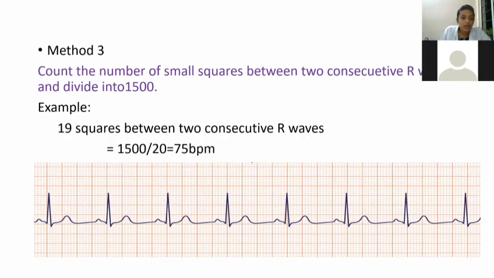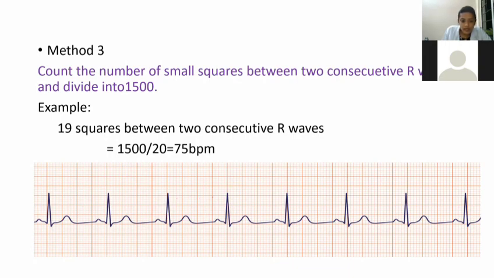Next, method 3: count the number of small squares between two consecutive R waves and divide into 1500. This is also for a regular ECG, so between each R wave the number of boxes will be the same.